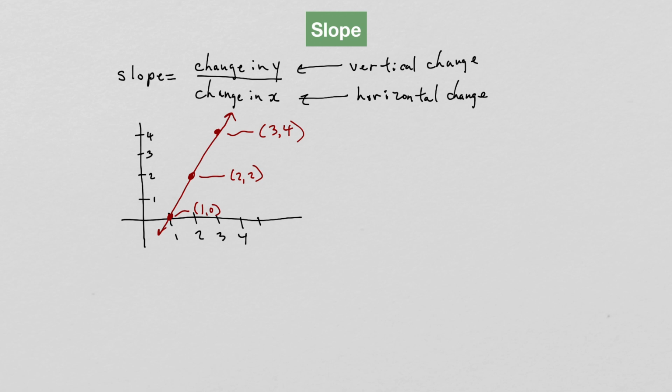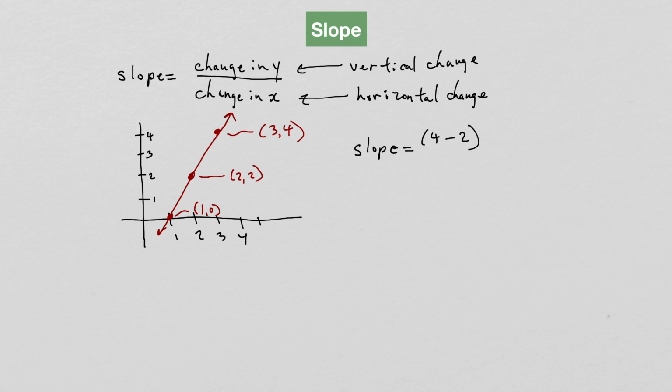For example, slope, as we know, is equal to the change in y. And in this case, it's going to be 4 minus 2.